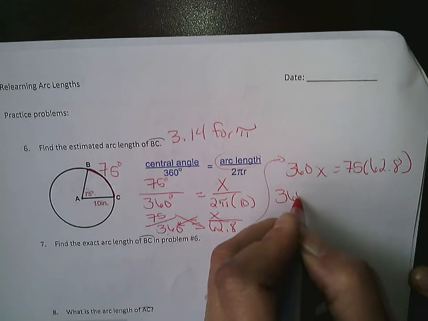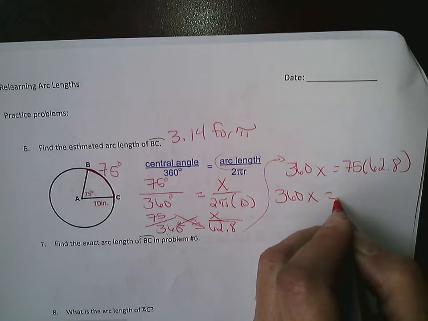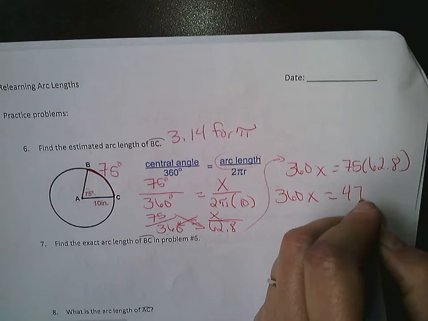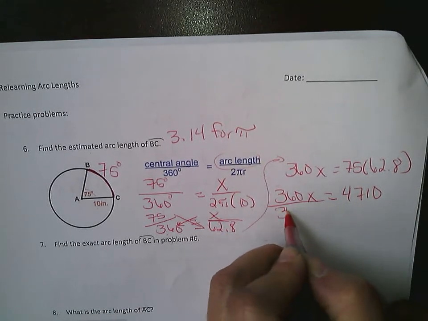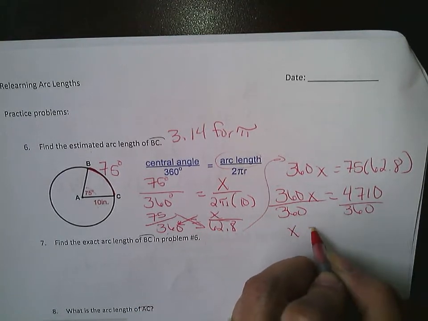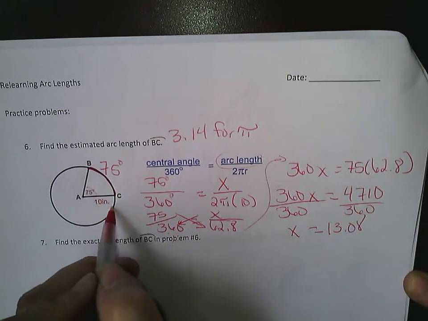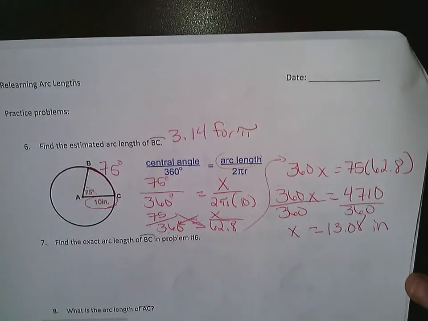We can do these in our sleep. 360 times x equals 75 times 62.8, which is 4,710. Divide both sides by 360. And voila, our x is equal to 13.08. And because we need the unit, it is inches.